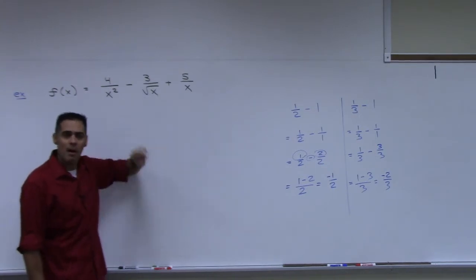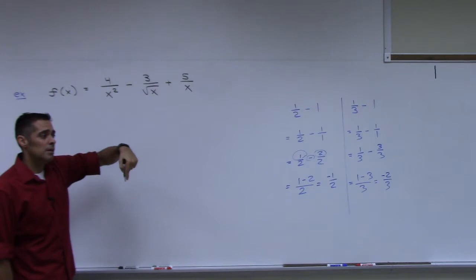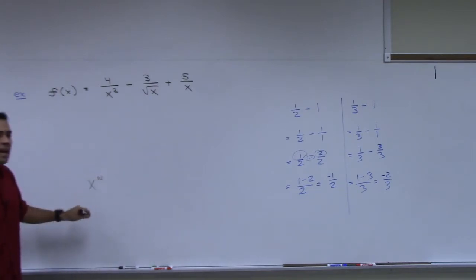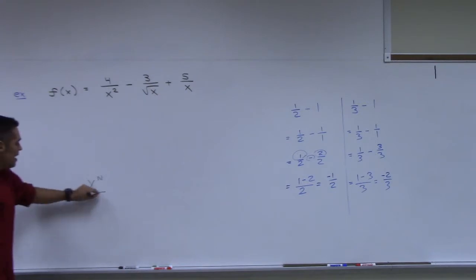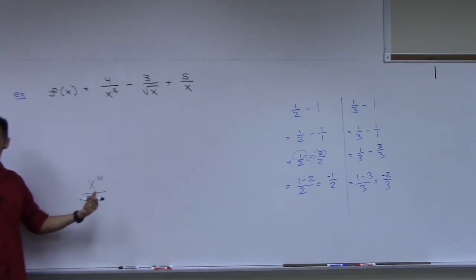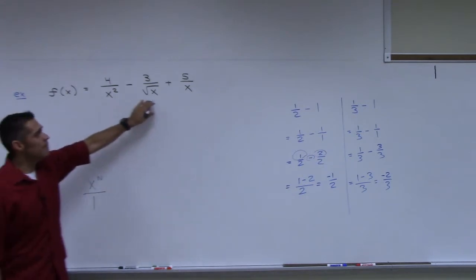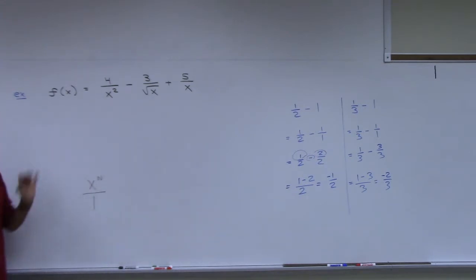The problem is that they're in the denominator. The power rule says if you have x to the n, this implies that the x is on top. These are not up top. So is there any way you could rewrite this so that the x's are not down on the bottom?